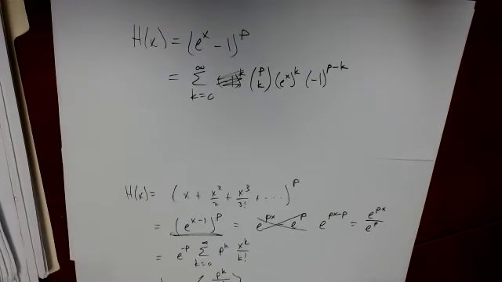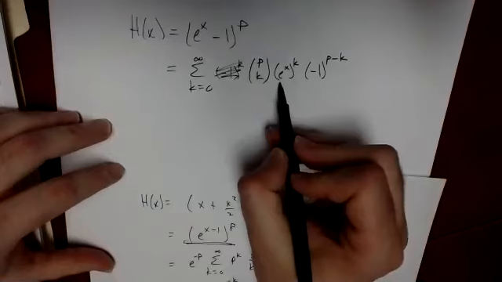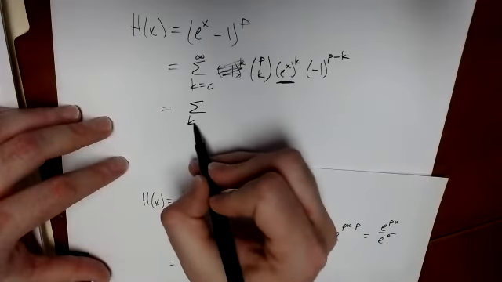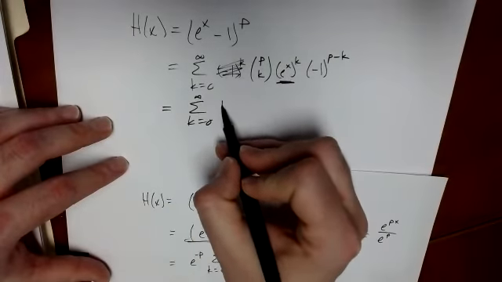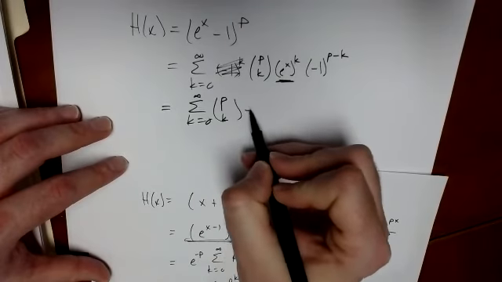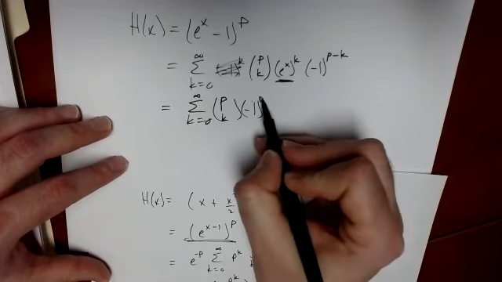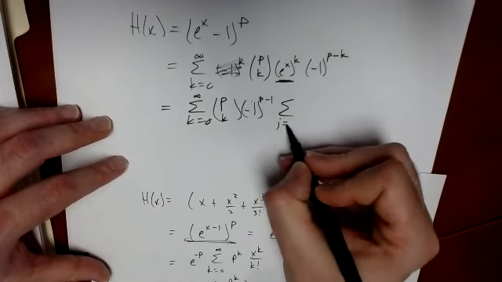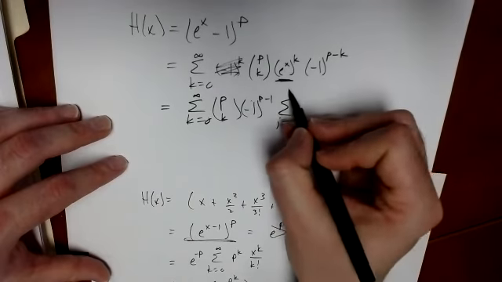Just binomial formula there. And then this guy can be rewritten as the sum as k goes from 0 to infinity of p choose k (-1)^(p-k), and then that's the sum as, say, j goes from 0 to k.